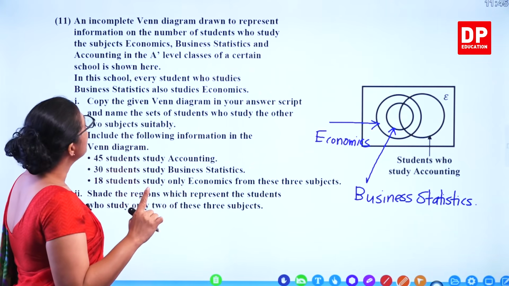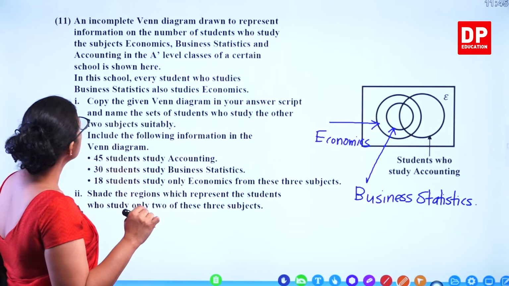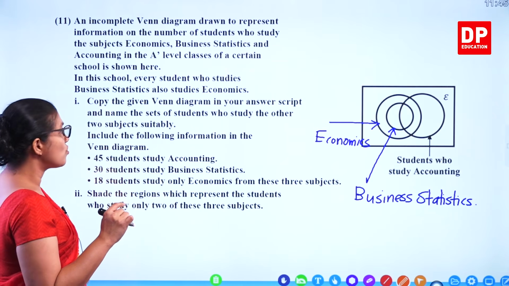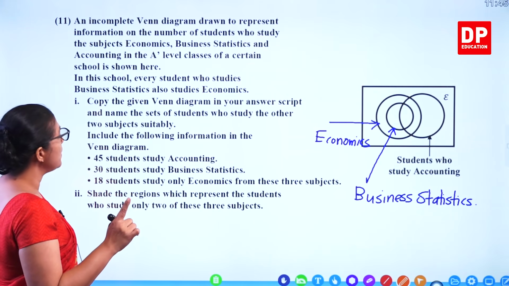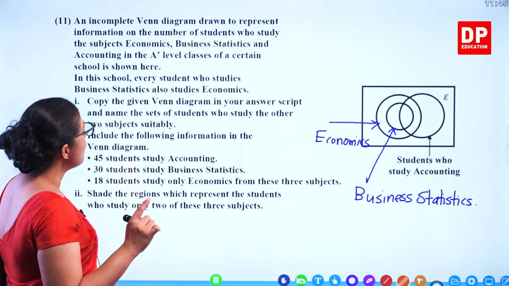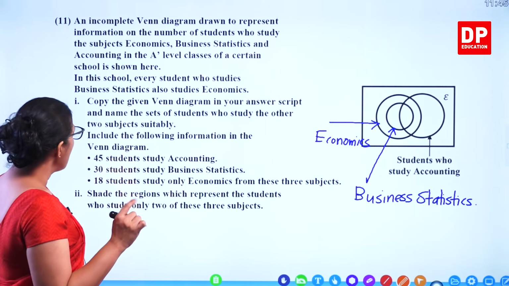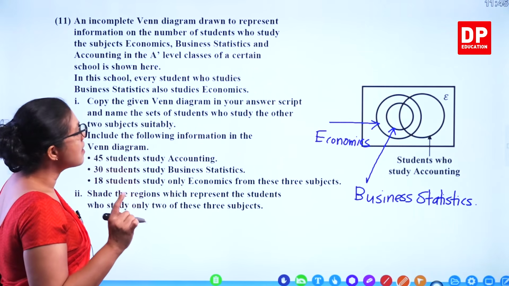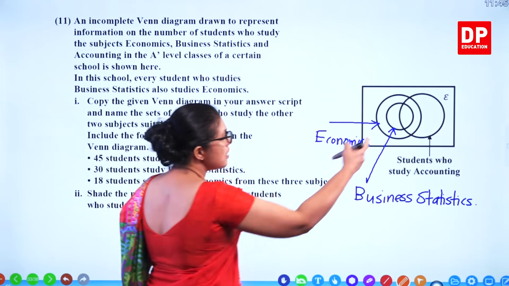Then copy the given Venn diagram in your answer script and name the sets of students who study the other 2 subjects suitably. Include the following information in the Venn diagram. 45 students study accounting. So the accounting circle is this.